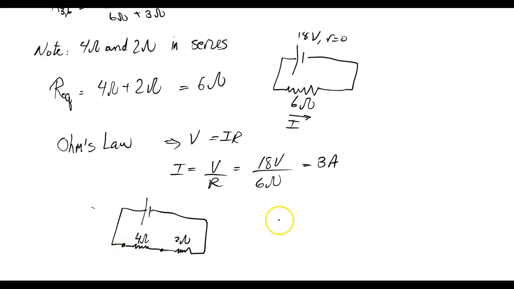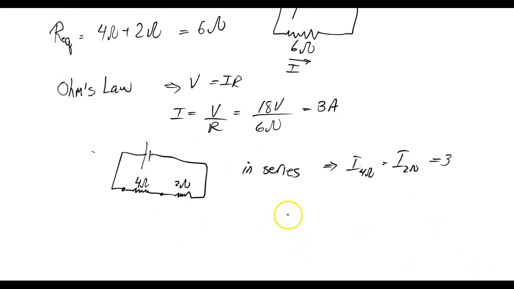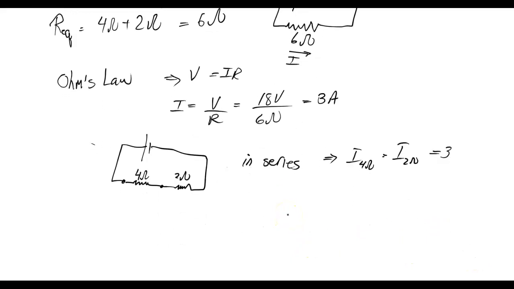And because they're in series, that implies that the current through the 4 ohm would equal the current in the 2 ohm. And in this case it would be 3. So there's no extra work for that.